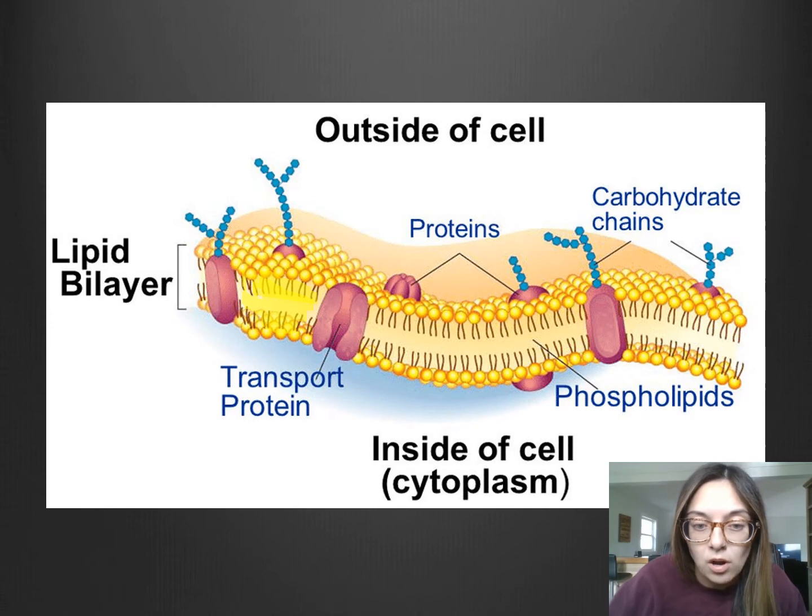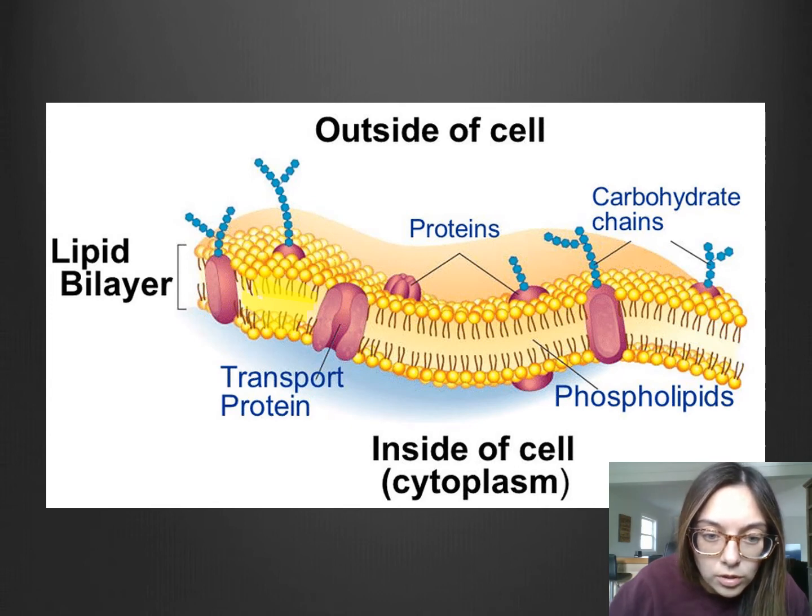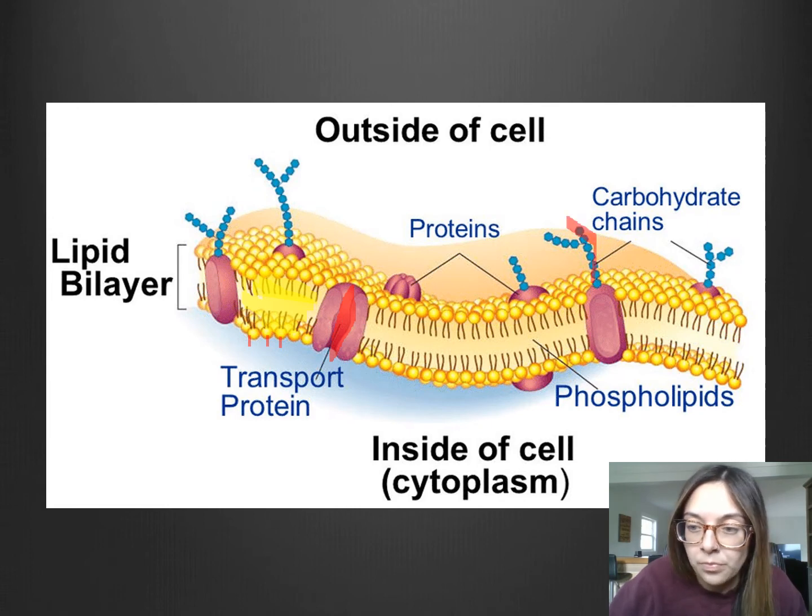Those lipids are hydrophobic or water-fearing, so they face the inside, while those yellow circles here, we call these the phospholipid heads, and they are water-loving, so they face the outside. Okay, so this is that lipid double layer. We have proteins, and some of these proteins transport materials in and out of the cell. We also have carbohydrates that are connected on those proteins. Okay.